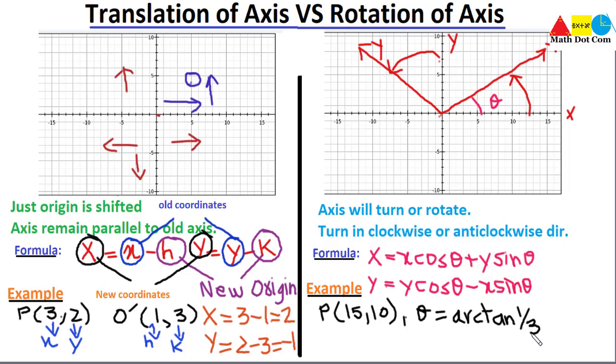So if I take the angle here, tan theta is 1 by 3. It means this P is basically small x and small y, and theta is the angle that we have to put in the given formula so that you can easily find the new x and y coordinates. This is left as an exercise for you to find the x and y coordinates of the given example, so that you can have the practice.